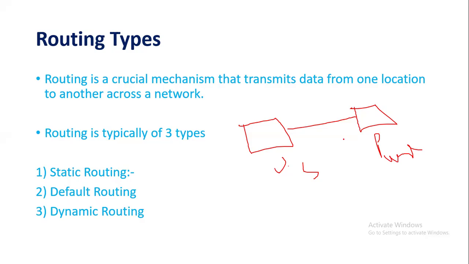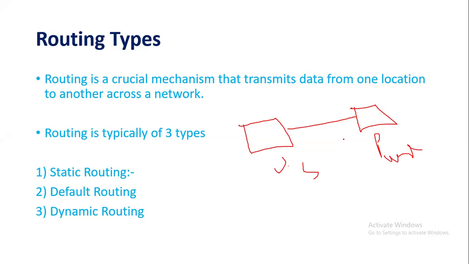Default routing, which we use to access the outside network or internet: you can mention 0.0.0.0 to transfer all the traffic to the next hop. And the last one is dynamic routing, which comes under the protocols we are using, RIP and OSPF.